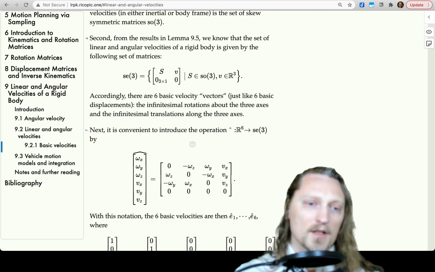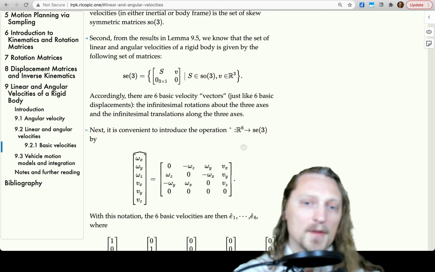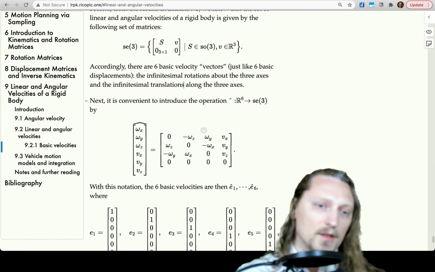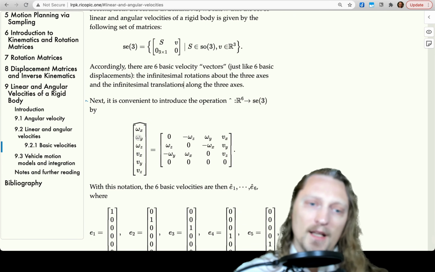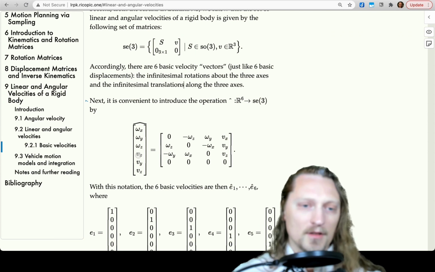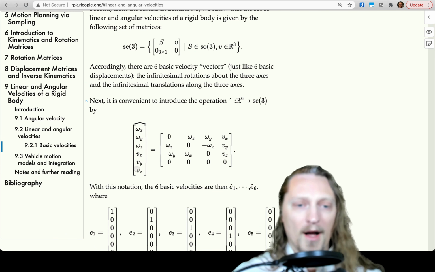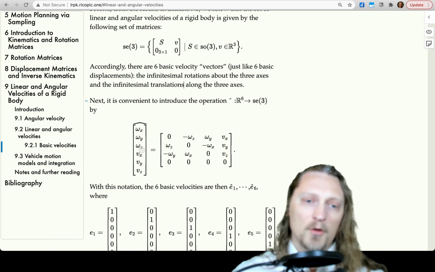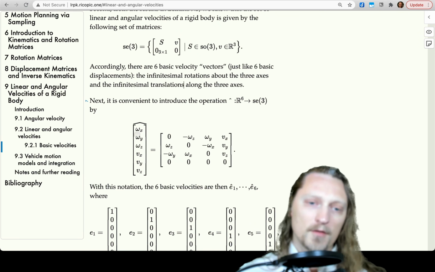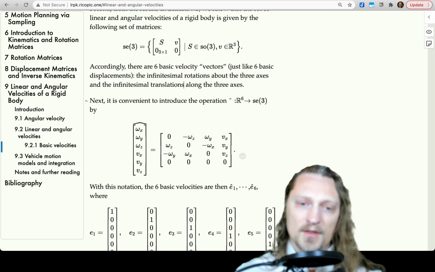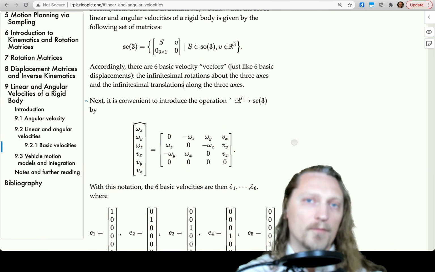We take a vector in R6 and map it to the set of velocity matrices. What we're taking there are the angular velocities about x, y, and z, and the translational velocities vx, vy, and vz. And we take the hat operator to mean constructing this matrix from these components.